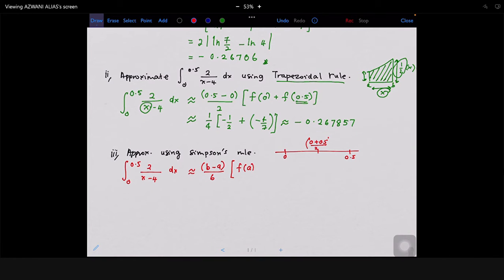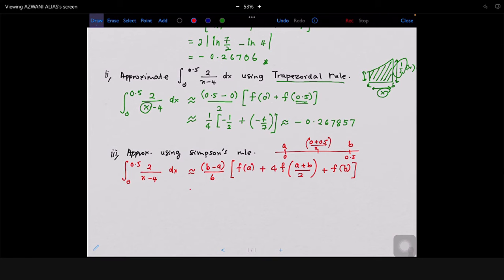So, FA plus 4 pada function titik midpoint which is A plus B divide by 2 plus F pada titik akhir, the end point. Okay. So, this is the formula.